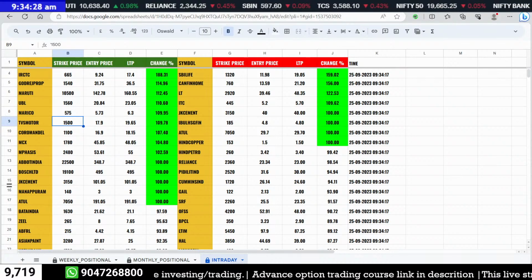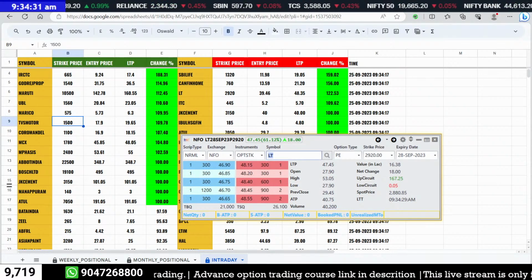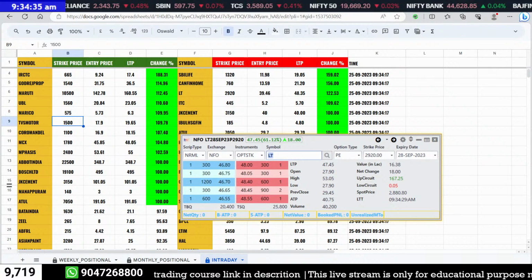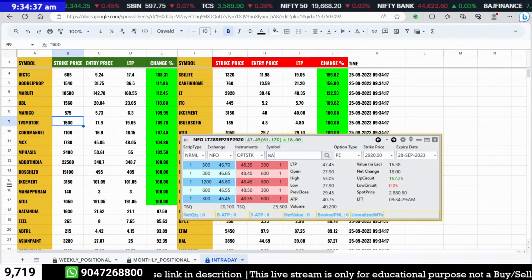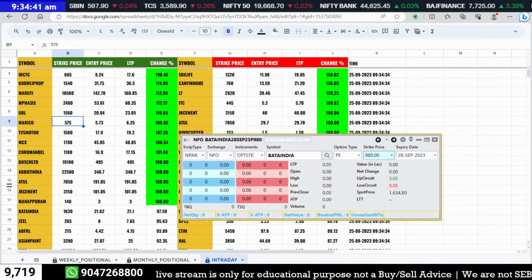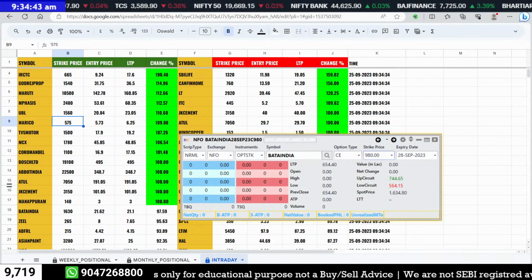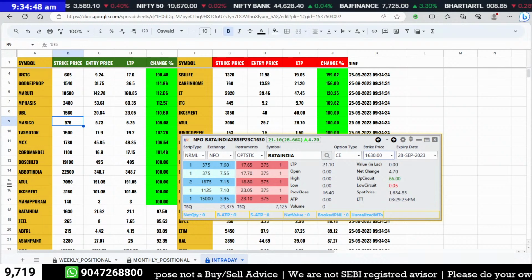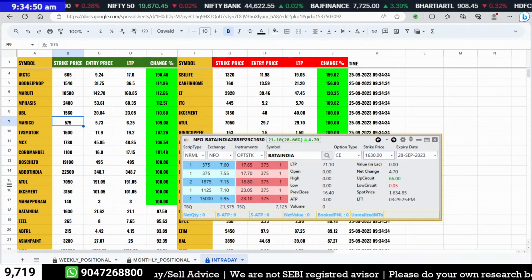21.6. We need to plan for a very quick move. For India, the strike price on the call side should be around 1630. A huge gap.